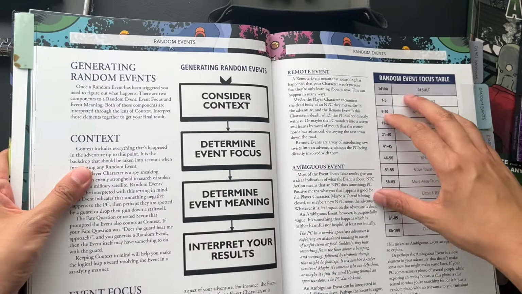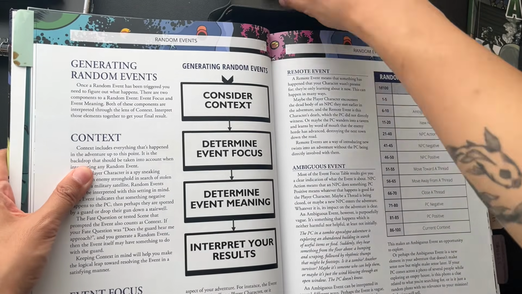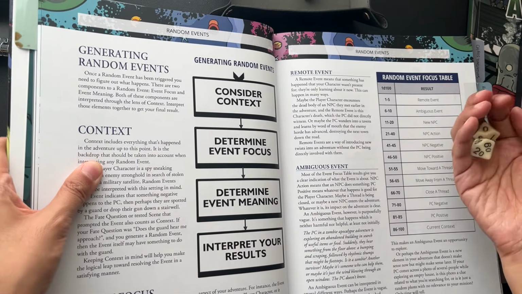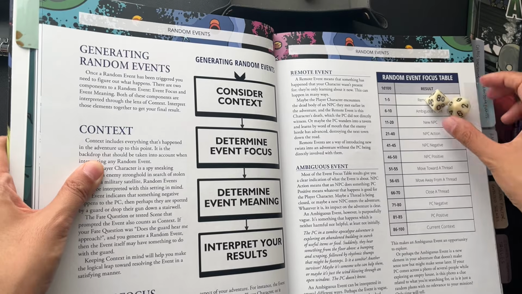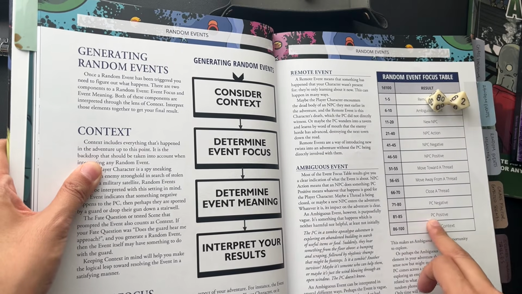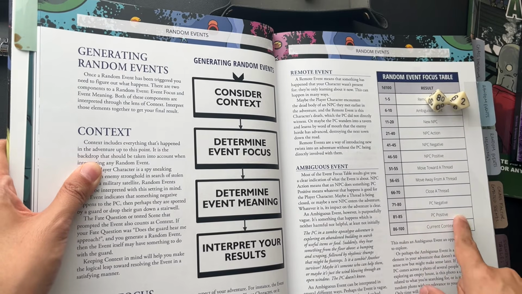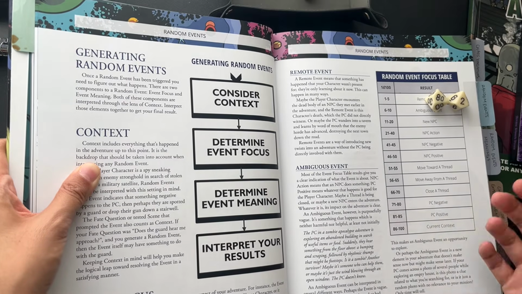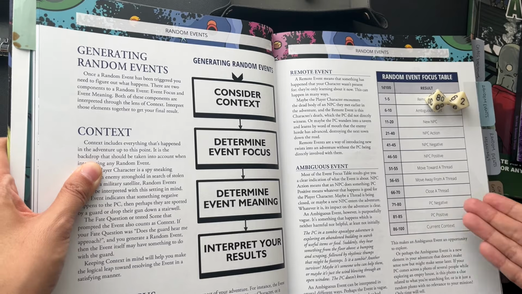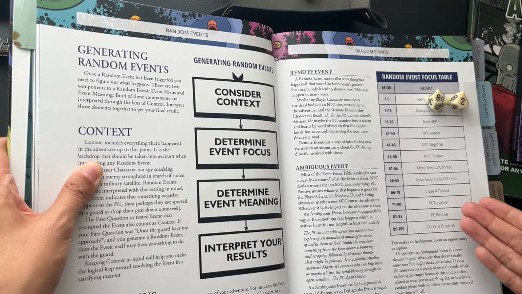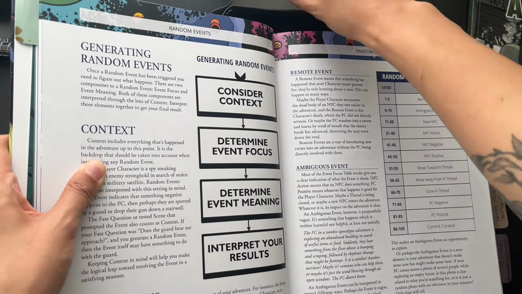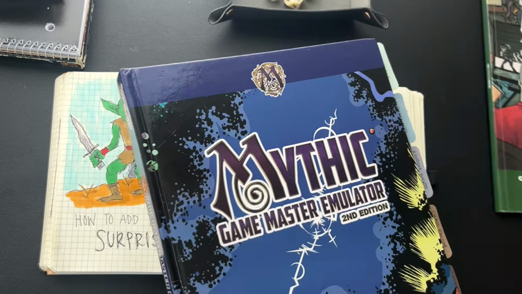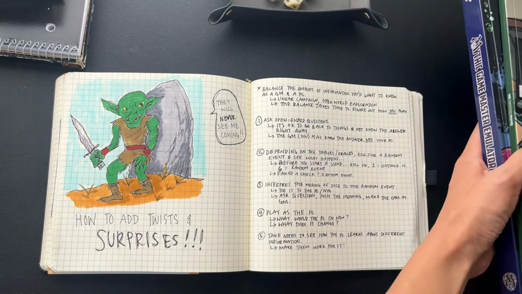And then you can roll on the random event focus table. So you'd roll here, and then you'll see, okay, we have 82. And 82 would mean that there's a random event, but it is in the favor of the PC. So PC positive. So maybe there is something beneficial that happens that'll actually help the PC and their adventure. So that is an example of how to use random event tables.